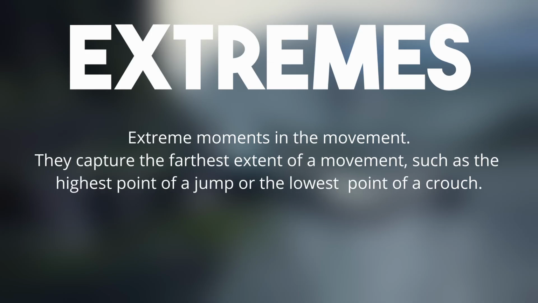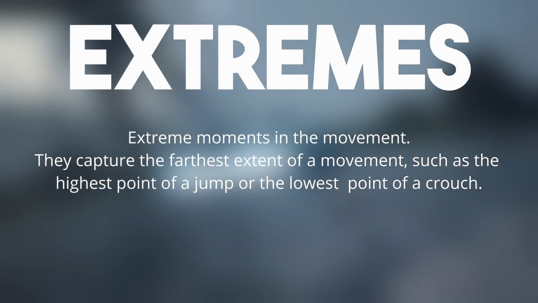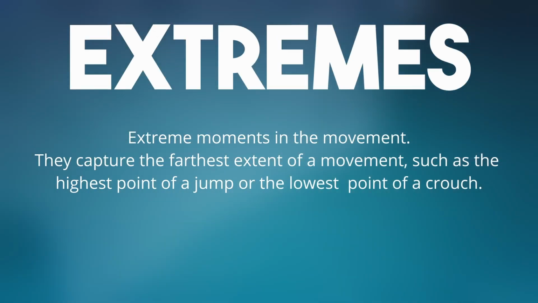Now, the next one would be the extremes. From my understanding, it's kind of self-explanatory, right? It's the extreme of the movement. So we only have three keys, idle, punch, idle. Well, what would be the extremes within that movement? The extreme, I would argue, would be an anticipation.